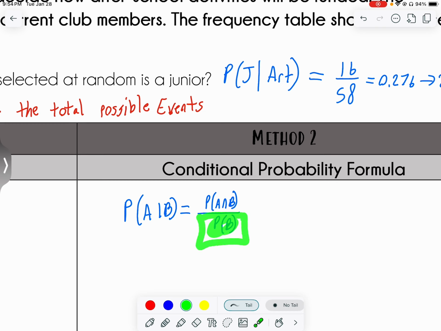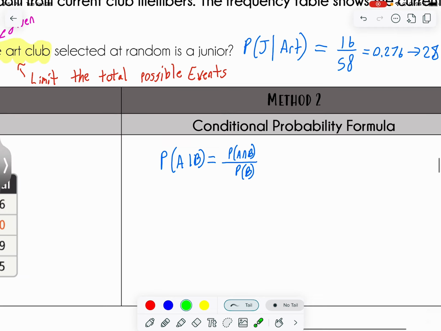Remember, the bottom of our fraction is the total possible events. This part is where both of them occur. Because if I know that B occurred and I want to find out where A, both of them have to occur there. And this gives us our conditional probability formula.